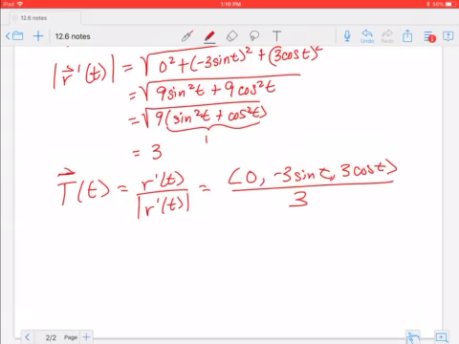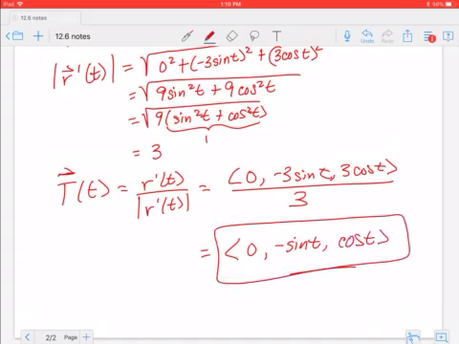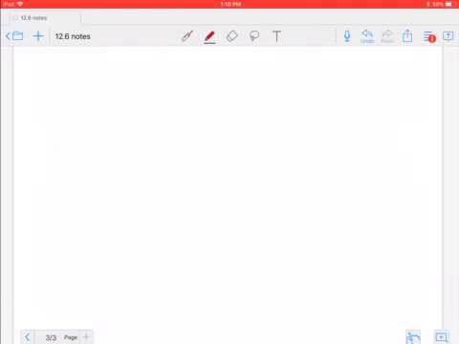We do a little division, and we end up with 0, negative sine of t, cosine t. There is our unit tangent vector. Pretty sweet. Cool. That's it.